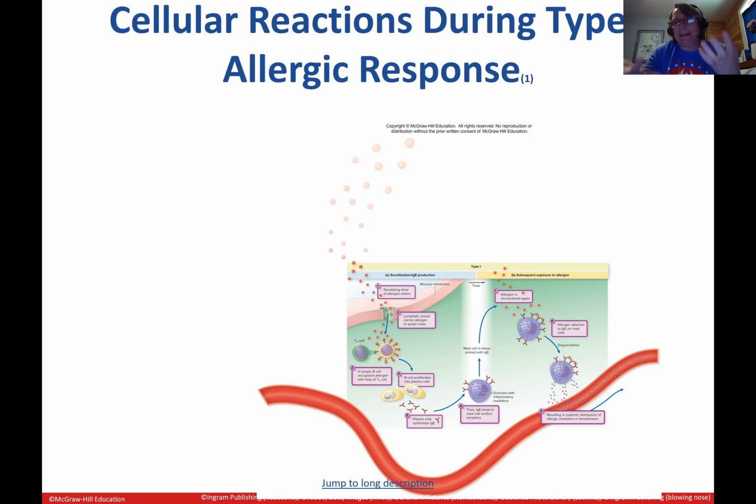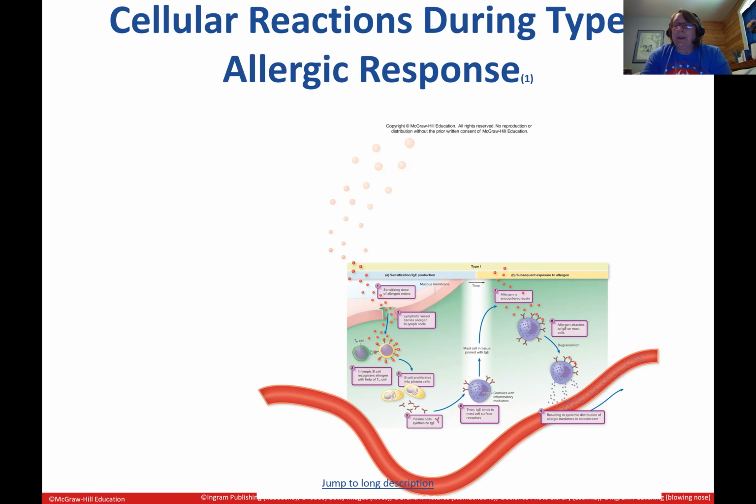Let's use pollen as an example. It recognizes pollen as an antigen, okay, and for some reason decides it's dangerous and has to be dealt with. And so that T cell is going to activate a B cell and say, here's your allergen, and the B cell is going to make plasma cells, which are ultimately going to get around to that type switching and get to IgE types of antibodies.